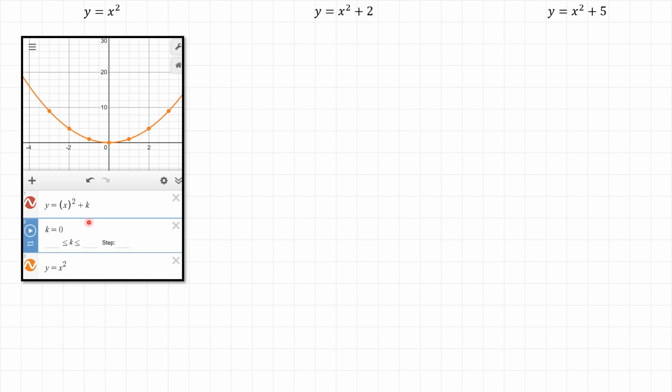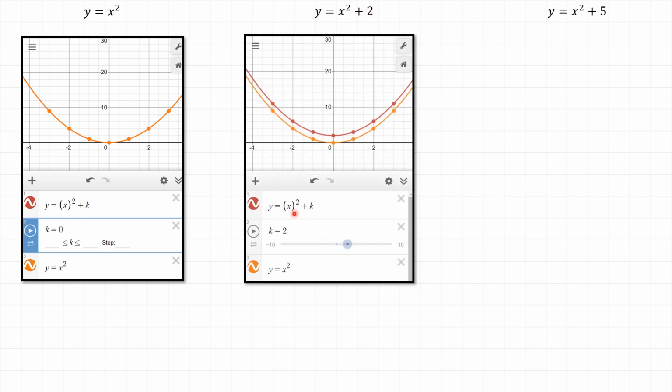If I make the value of k 2, so this would be x squared plus 2, you see that all of these points have been translated up, and it looks like they've been translated up by 2 units. This is 2, 4, 6, 8, 10. So each one of these sub-grid lines, these minor grid lines, are 2 units apart.